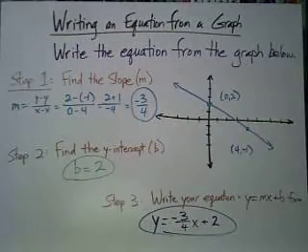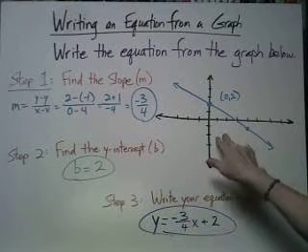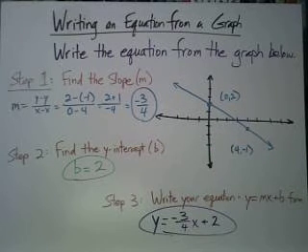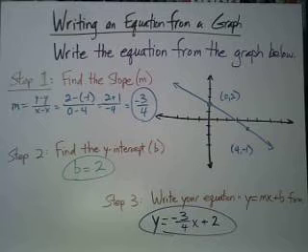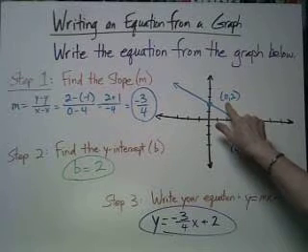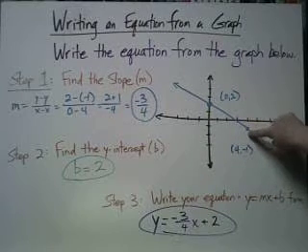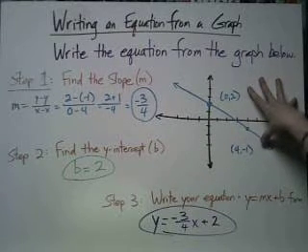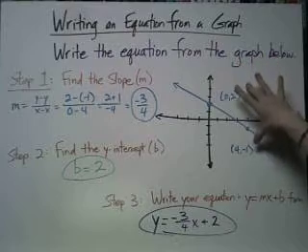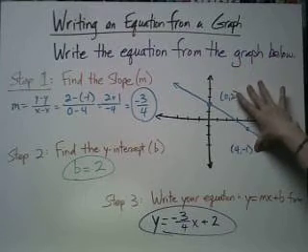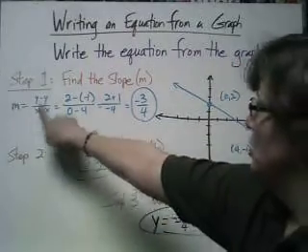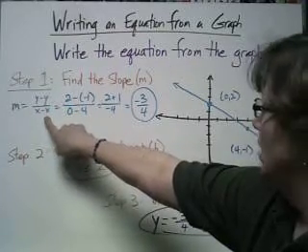So, writing an equation from a graph. If you're given a line, and a line can be defined by any 2 points. In this case, we have the point (0, 2) and the point (4, -1). So first of all, in step 1, we need to take these 2 points and find the slope: the change in y's divided by the change in x's.